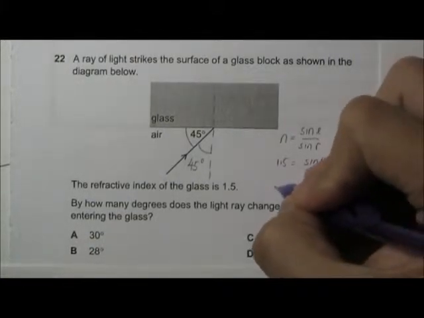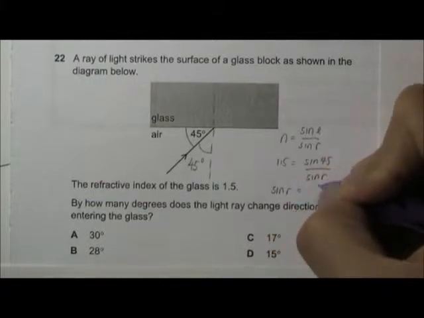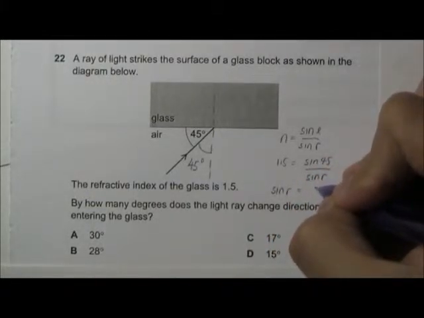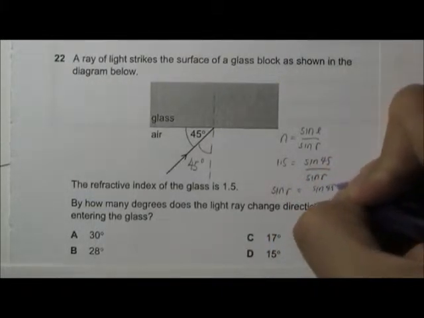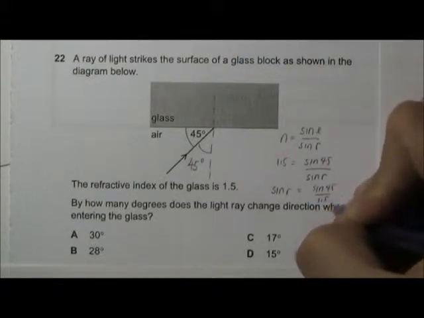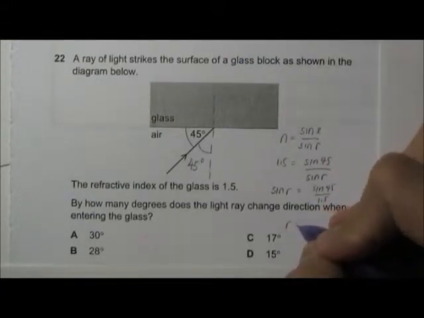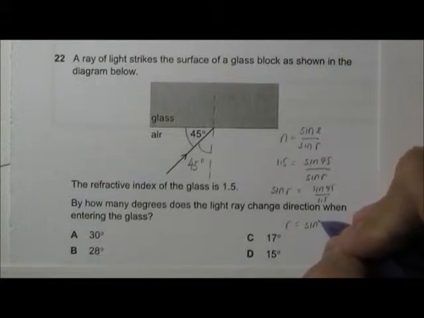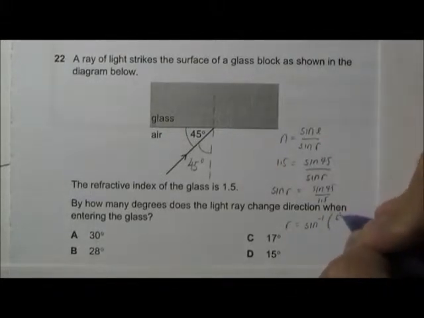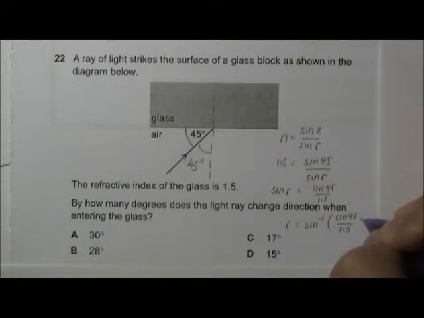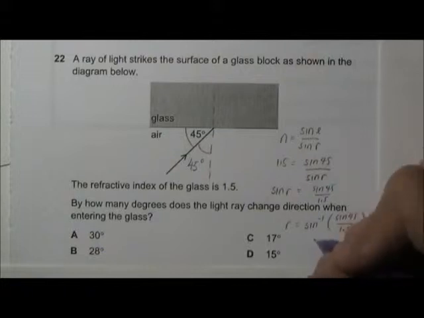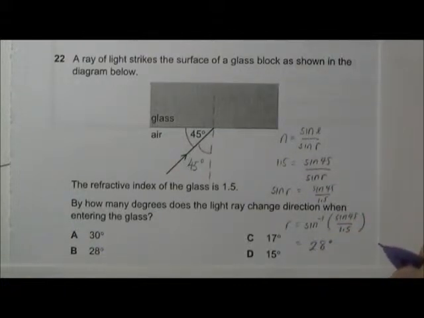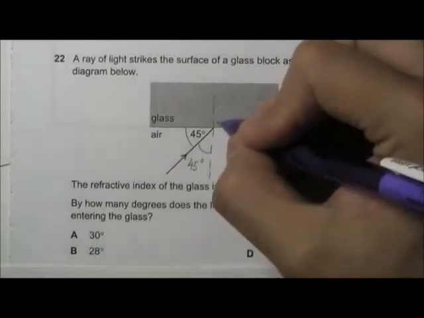So sine r is equal to sine 45 divided by 1.5. So our r will be equal to inverse sine of (sine 45 degrees divided by 1.5), and that will give us 28 degrees.